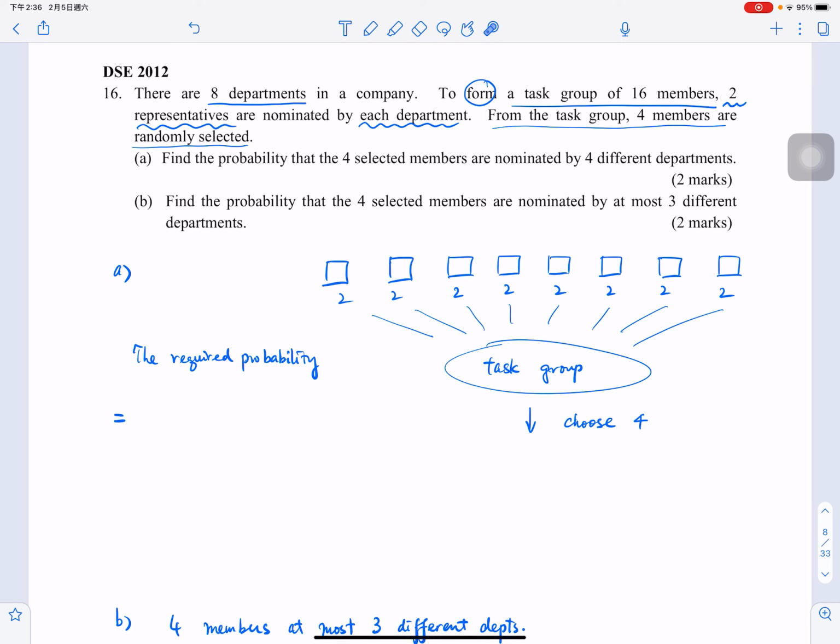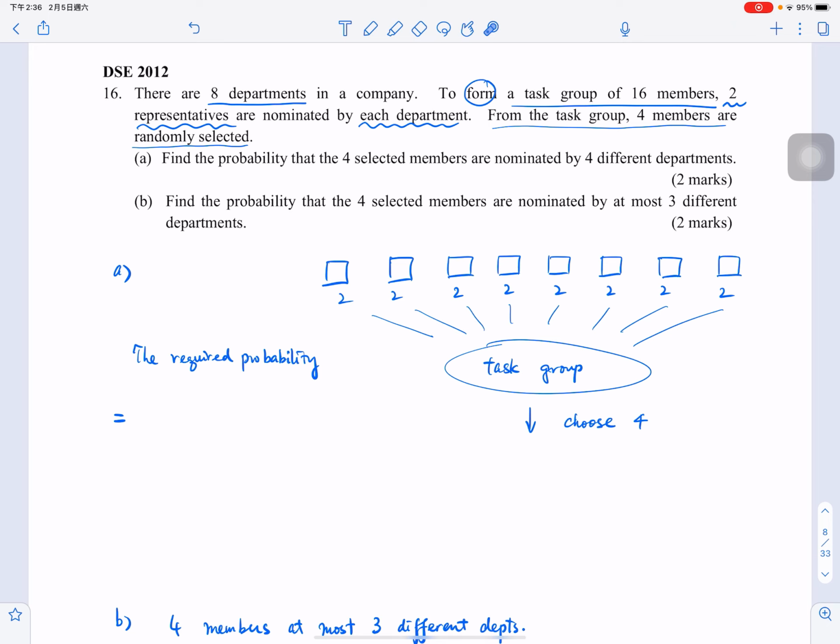That means 8 departments, and 2 from each department. This is the task group. From the task group, 4 members are randomly selected, so from 16 members choose 4.